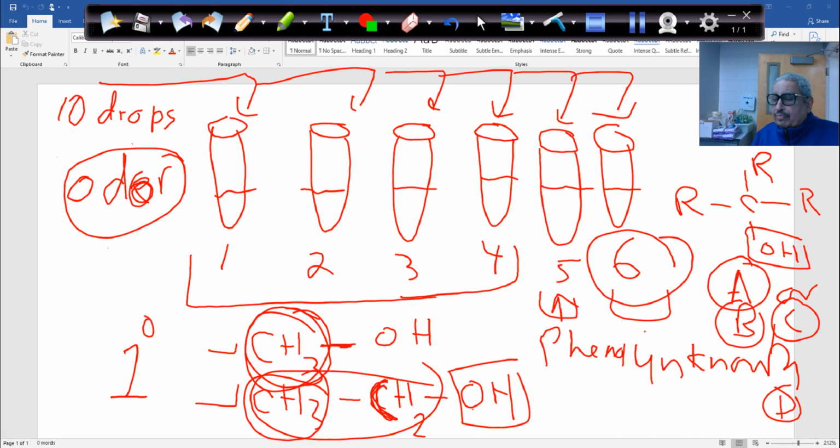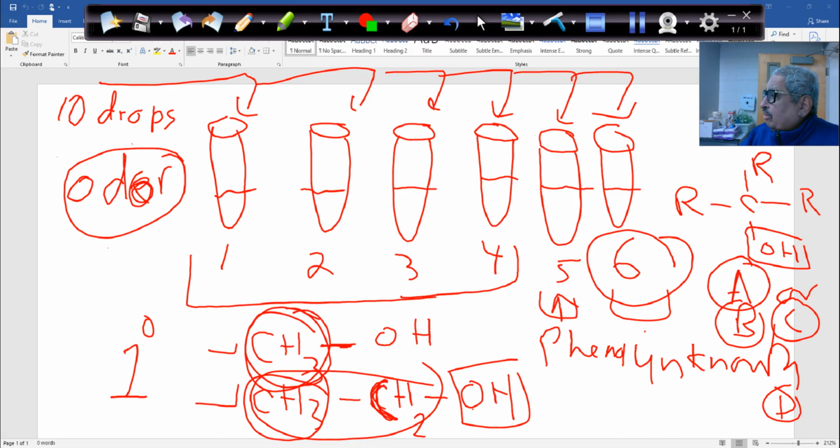So that's one. The second one, we'll do the oxidation. Phenol will not oxidize very easily. We'll use chromic acid. Chromic acid is an acid that has sulfuric acid in it, a very highly toxic compound.